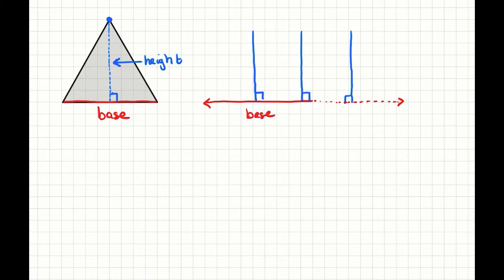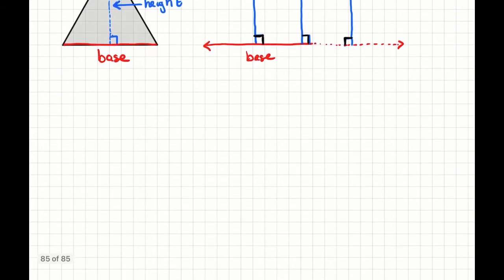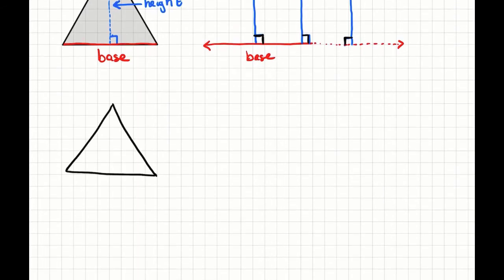So the height and the base have to form this perpendicular relationship when it comes to triangles. So what it will never be, if this is my base, is that my height will never be one of the sides on a triangle, unless that side forms a perpendicular with the base.